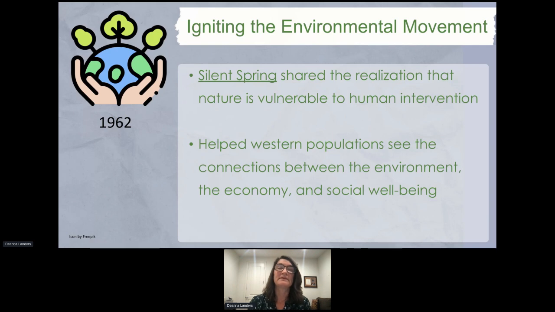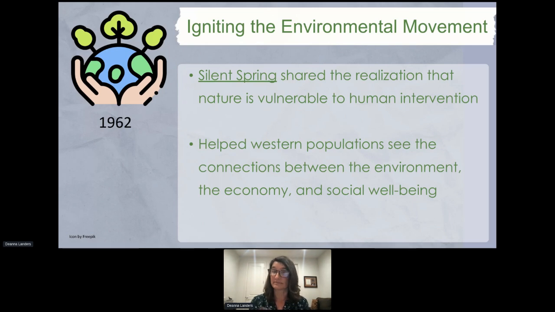So at the end of World War II, a lot of the world had explosive industrial growth. And what happened with that is we identified, or in this book, Silent Spring, the author identified that growth came at a cost.